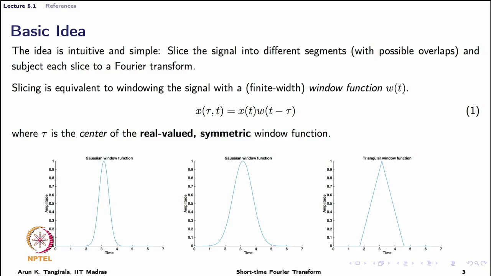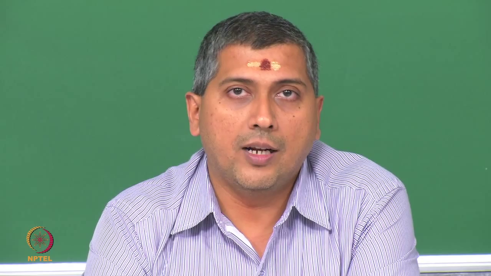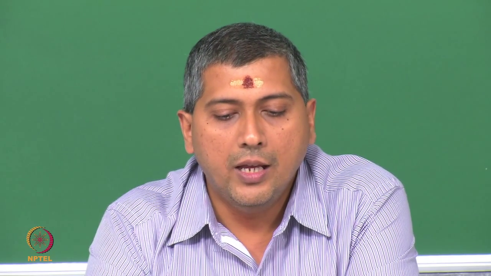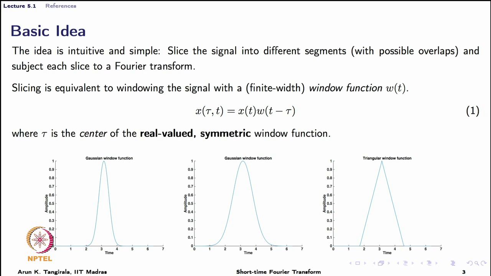Now, how I segment, what kind of window I choose, whether I am going to have overlapping or non-overlapping, dictates what properties I get for the short time Fourier transform, particularly in terms of spectral leakage or orthogonal representation or redundant representation and so on. In this lecture, we are not going to study the effects of different windows or window lengths. We are just going to touch base on those ideas.